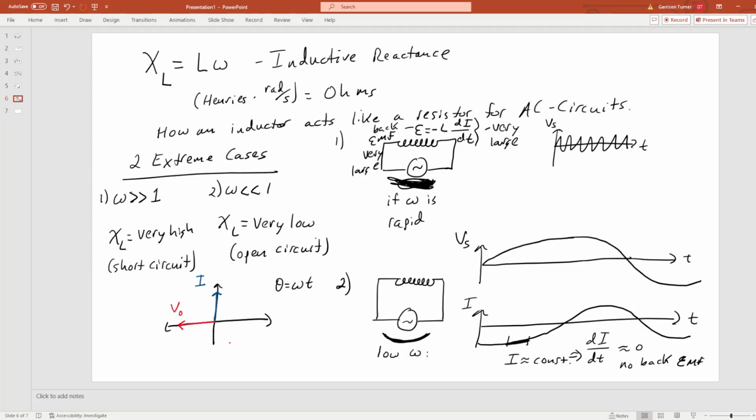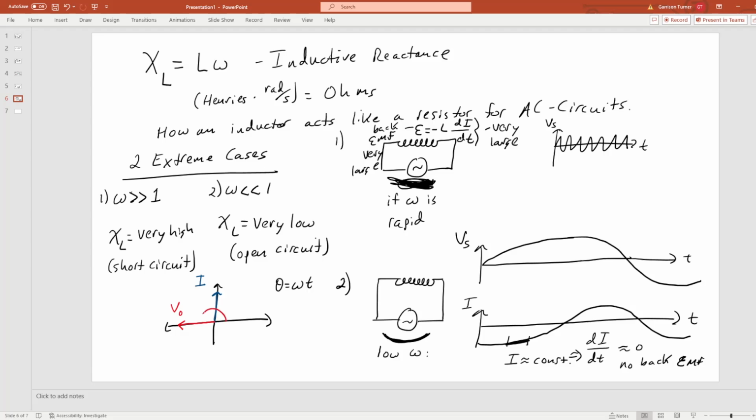So in the capacitor case, your current led the voltage, and in the inductor case, the voltage leads the current. And so then this is going to rotate until when you go through one complete cycle, you'll reach back at this point, right? At this configuration.